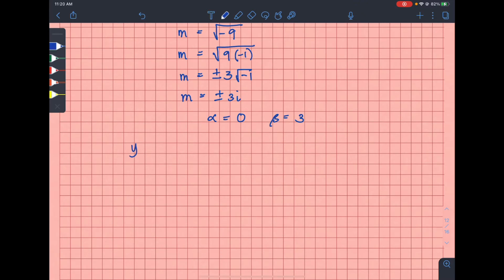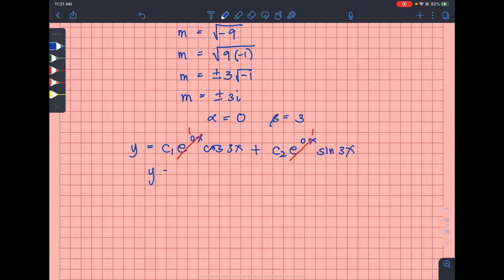And in determining the general solution, that would be c sub 1, e raised to alpha, which is 0x, then cosine beta x, that is cosine 3x, plus c sub 2, e raised to 0x, and then sine 3x. But e raised to 0x is 1, e raised to 0x is 1 as well.